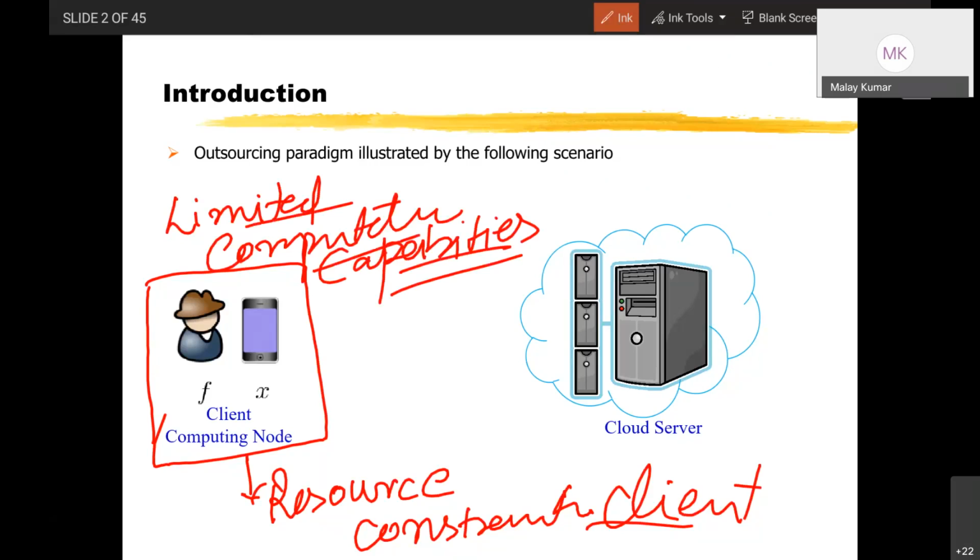Limited computation capabilities means it is a device as shown in the picture, or a personal laptop computer, or a device with which it is not possible to perform a computation using its own computing resources.